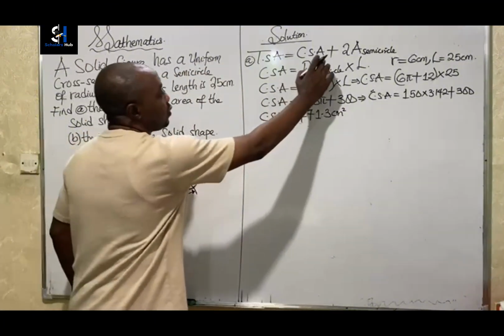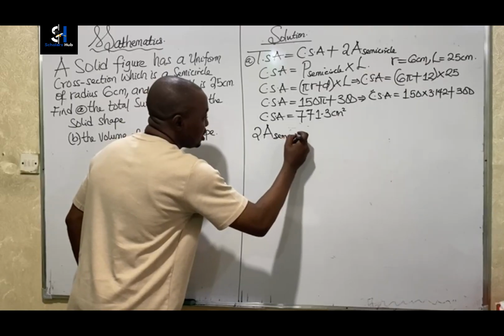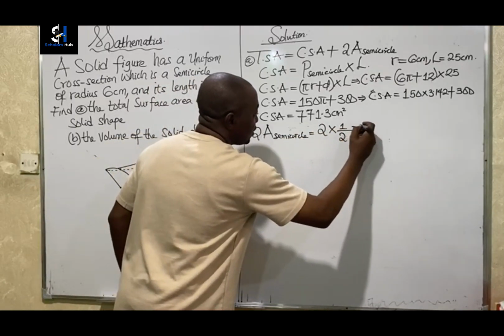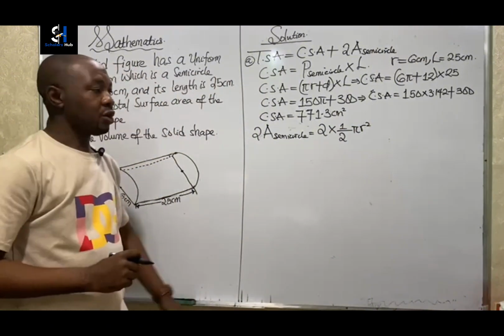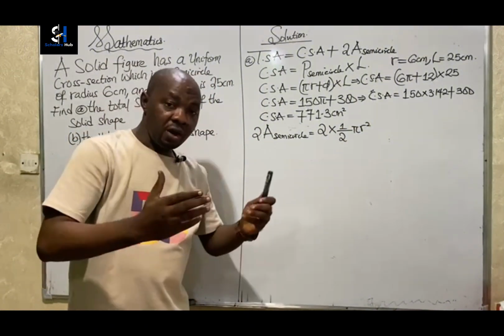Now for 2 times the area of the semicircle, that will be 2 multiplied by 1/2 of the area of a circle, because 1/2 of the area of a circle is the area of a semicircle.